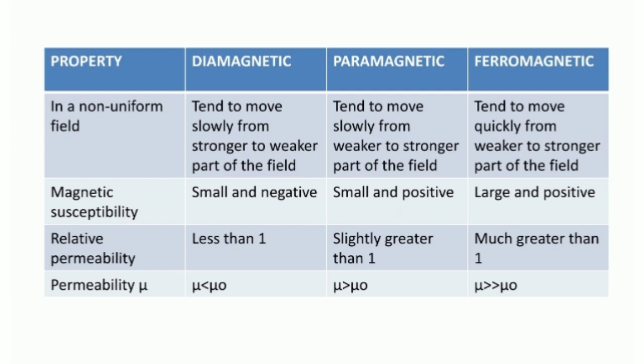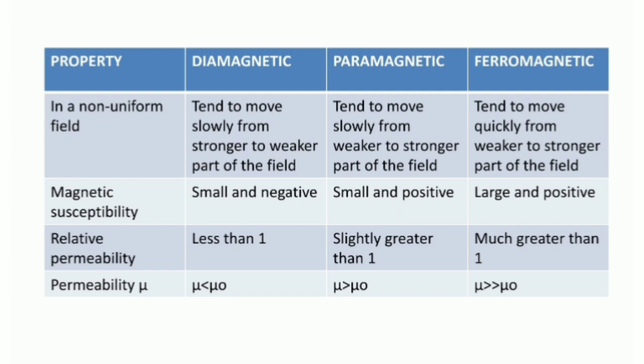Magnetic susceptibility is small and negative for diamagnetic, small and positive for paramagnetic, and large positive value for ferromagnetic. Relative permeability is less than 1 for diamagnetic, slightly greater than 1 for paramagnetic, and very much greater than 1 for ferromagnetic.